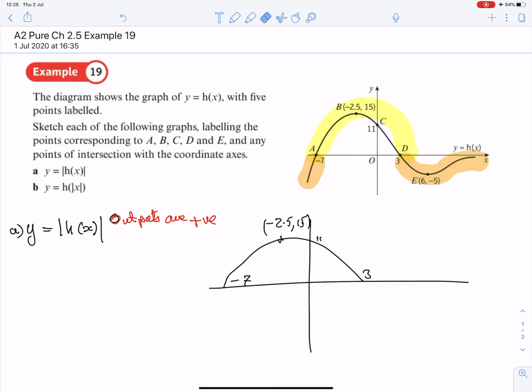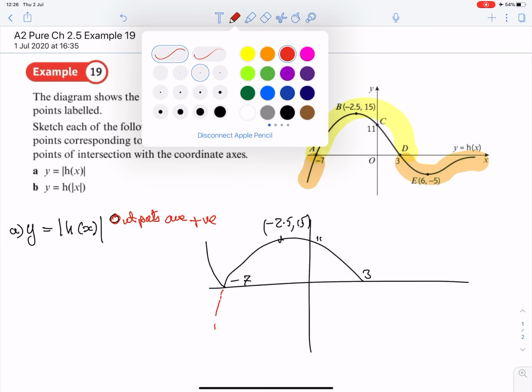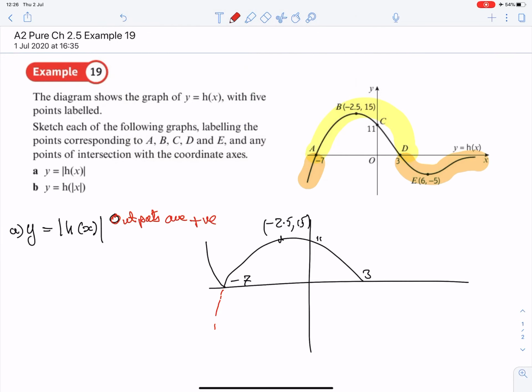And then this gets reflected. Notice the way this curves. It curves that way, so that if it was reflected, it would be curving down. And then here, it's reflected, so we've got a sharp corner again at this point, and it goes up and down.